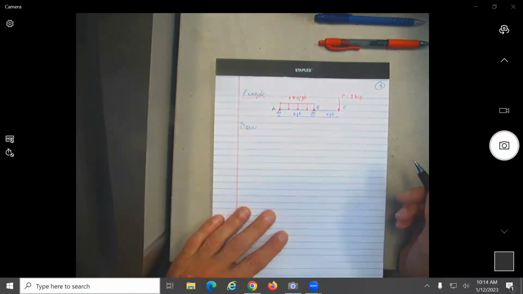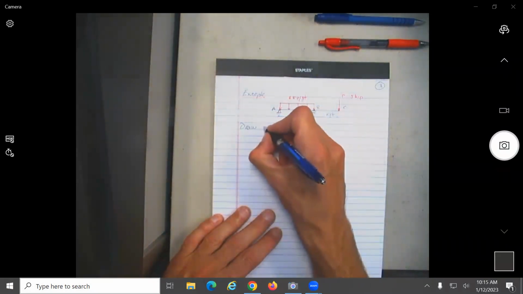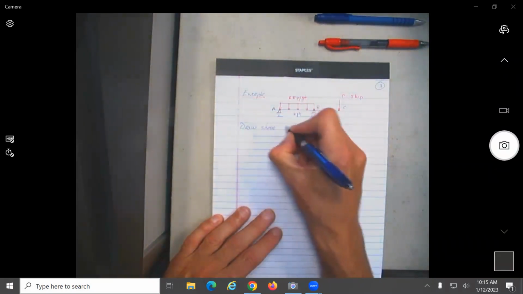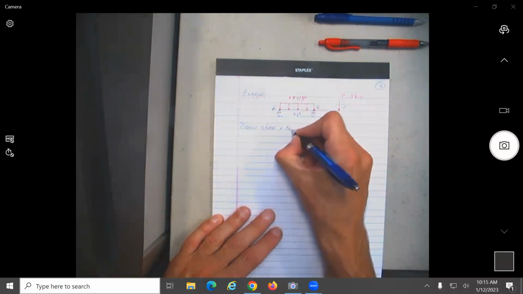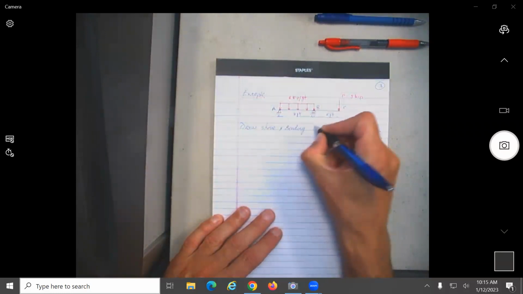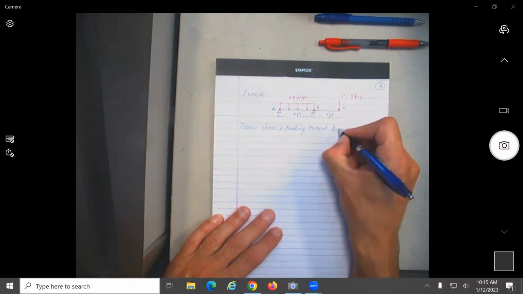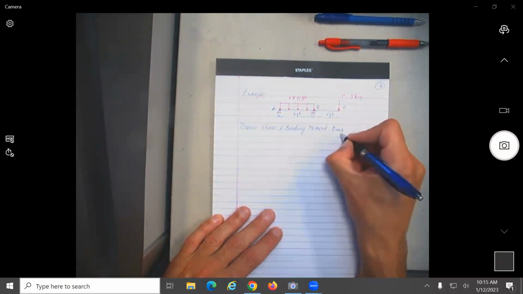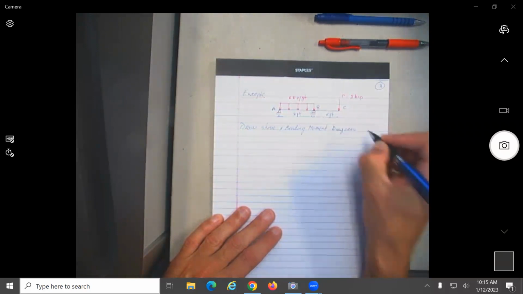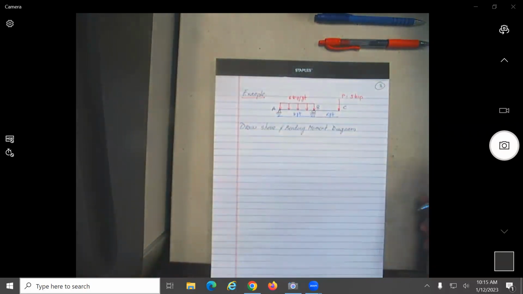So it's not that comfortable for me to write, but so draw shear and bending moment diagrams. So again, it's a review, but I don't start completely from zero.